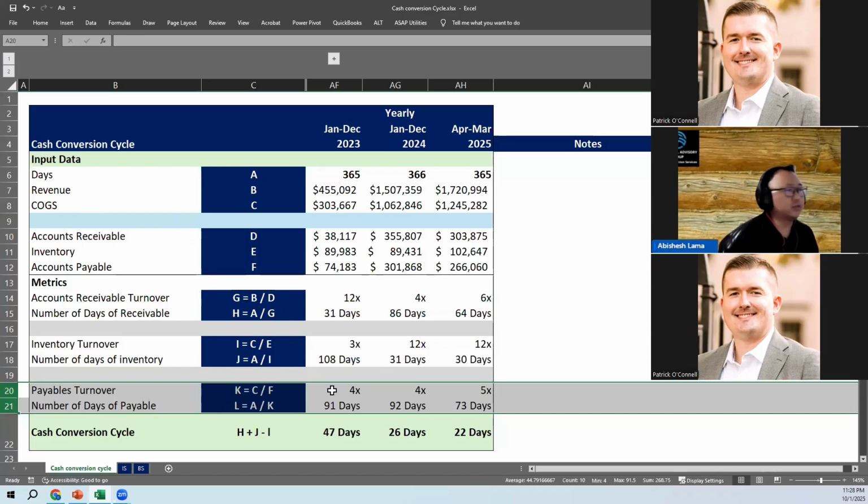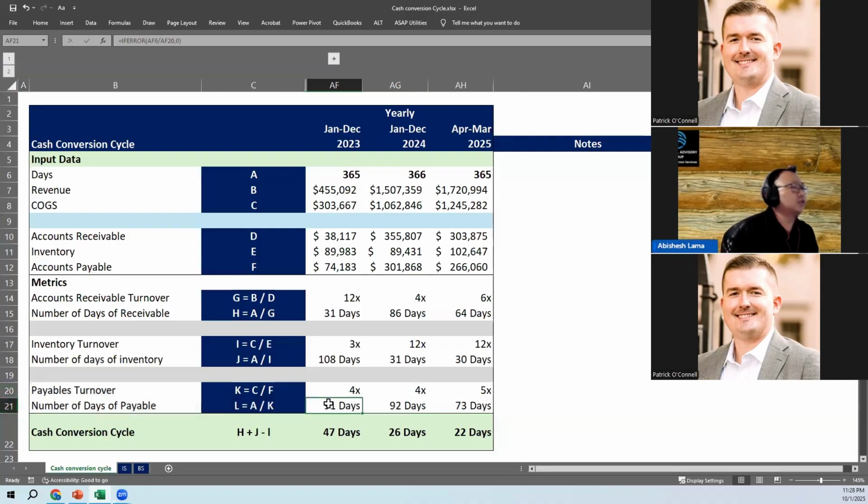Now moving on to the payables turnover ratio. Over here, we take the accounts payable balance from the balance sheet and the cost of goods sold, and we divide the cost of goods sold by accounts payable.